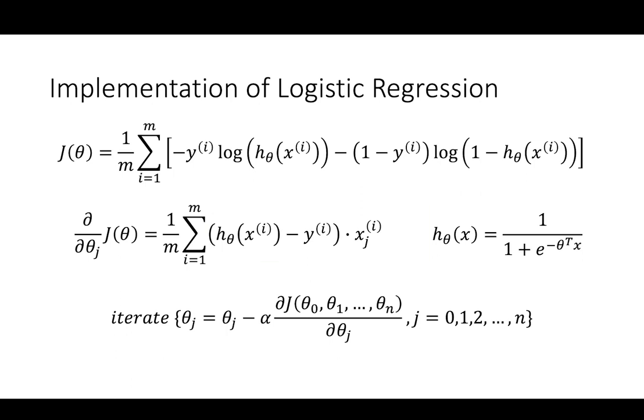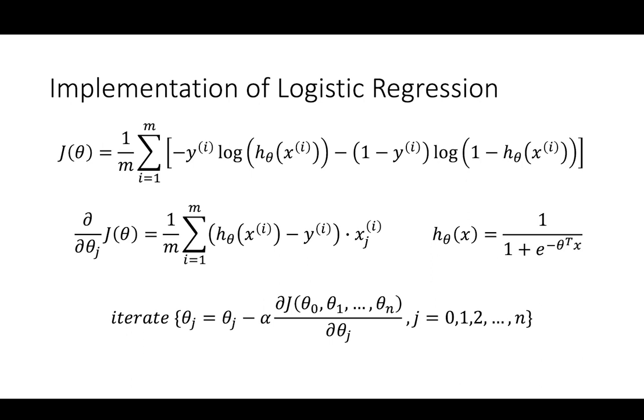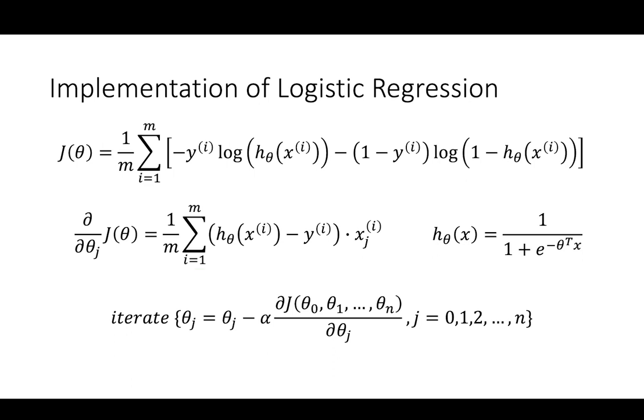And then you iterate. So that's how you implement the logistic regression. So take the gradient. This is how you compute for the gradient. H theta is given by this. So once you compute the gradient, multiply it by the learning rate, and then you correct the weights or the features. And you do that for each iteration.